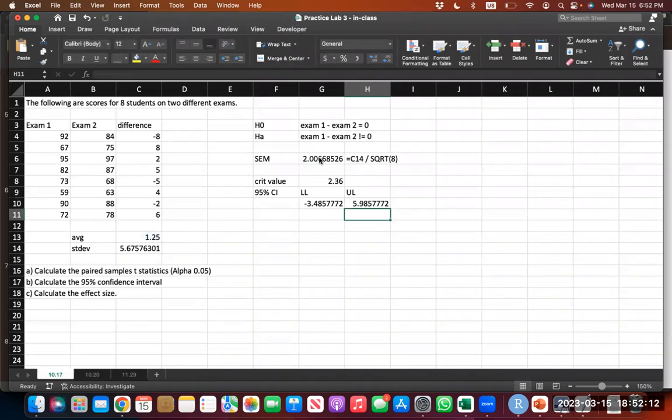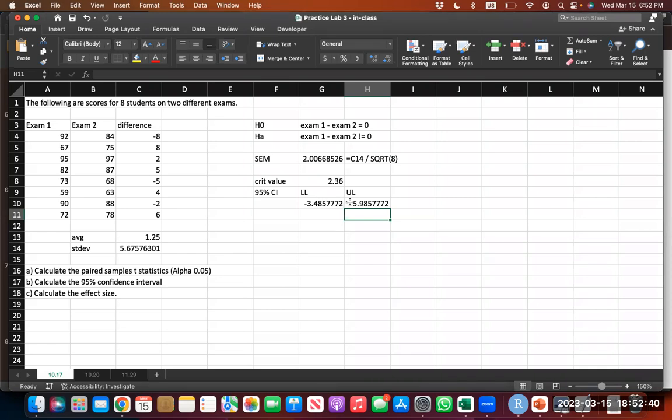That gives us this interval, which basically contains our 95% probability of capturing that population mean, or the reference value that we're basically after, which in our case, in a paired sample t-test, is 0, because we're testing against a null hypothesis of 0.